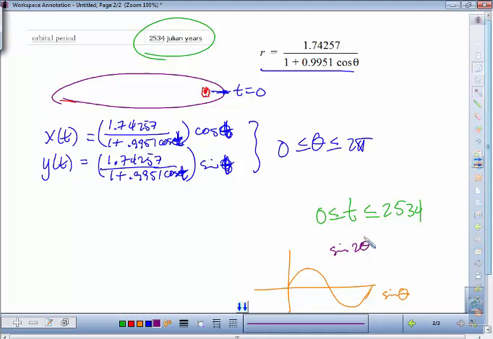Is it squished or does it get expanded? It gets squished, right? And then I could draw the other part, but I just care about finishing one period of this. And so if I finish one period, this is going to finish sooner. This is going to finish at pi.